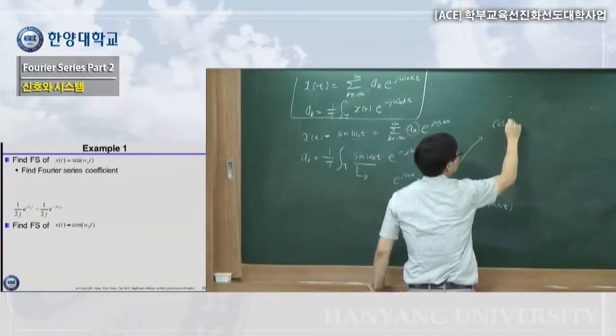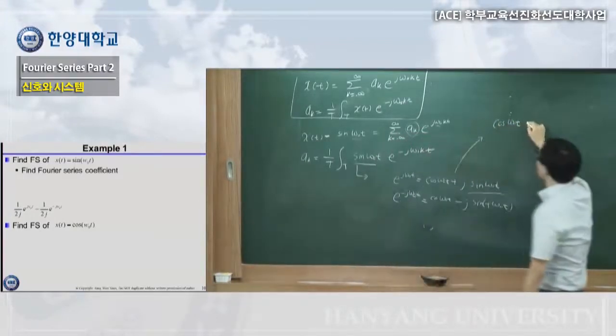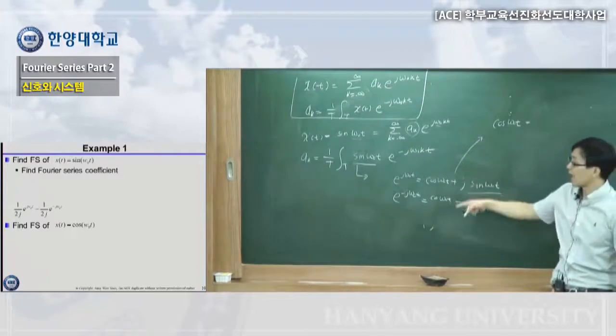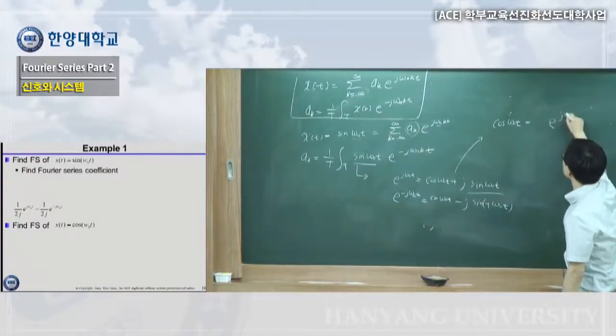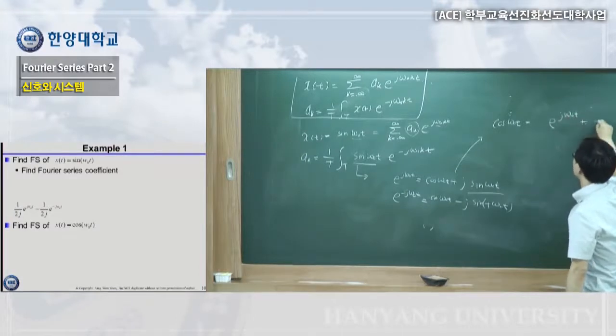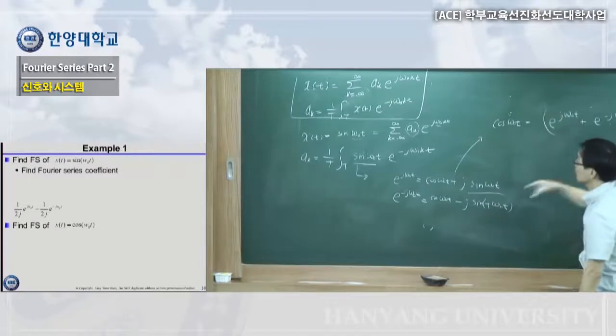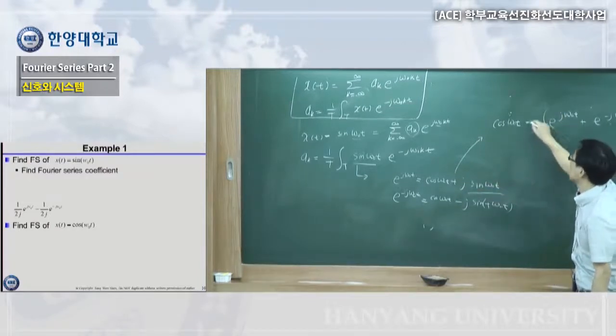And then to find the cosine, that is the next question. From here, to find cosine, we add them, right? I think we did this one in the first day of lecture. There will be 2 cosines, so we should divide by 2.